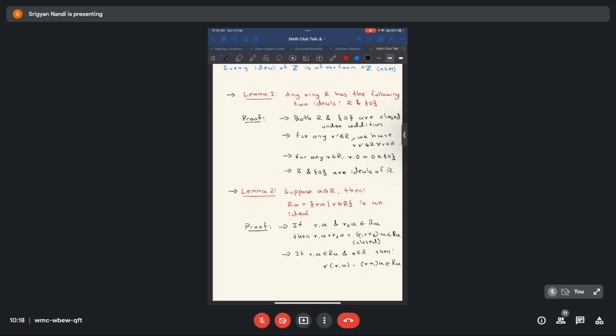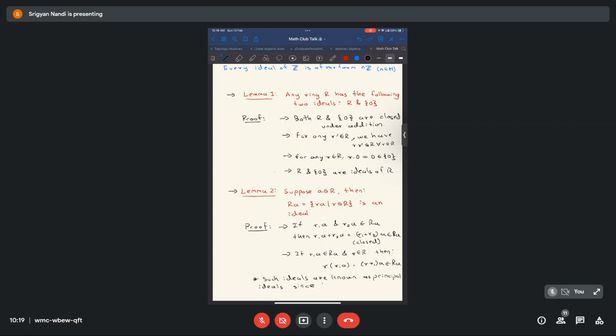Just to emphasize, such ideals are known as principal ideals. These are a very important family of ideals, and we will be seeing their applications later on in the talk. They are known as principal ideals since they are practically generated by one element.